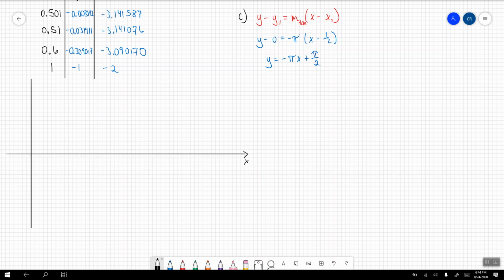All right, here's going to be my x, here's going to be my y. Now I'm going to find some values here. 1, 2, 3, 4. I want this to be 1. And I want this to be 0. Let's call this 0.5.